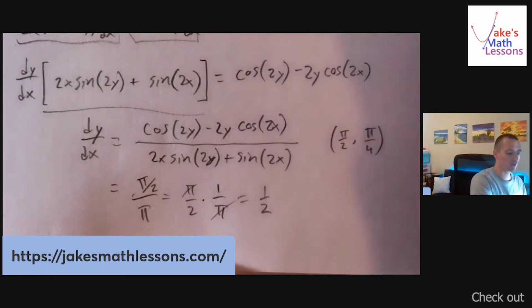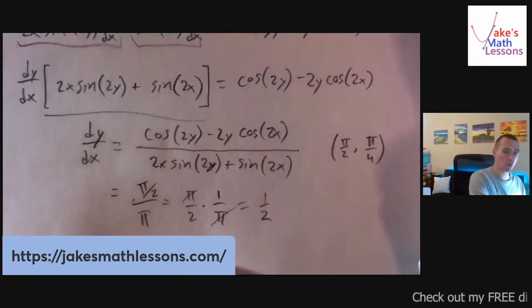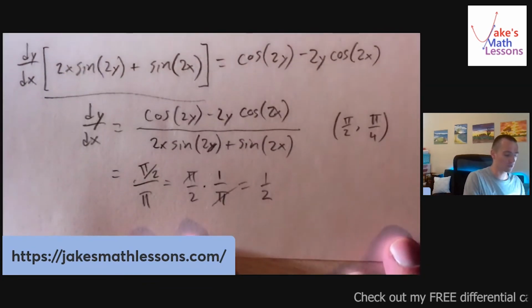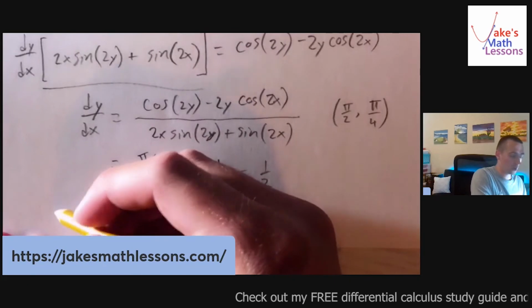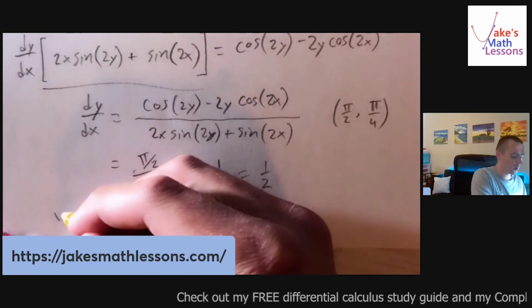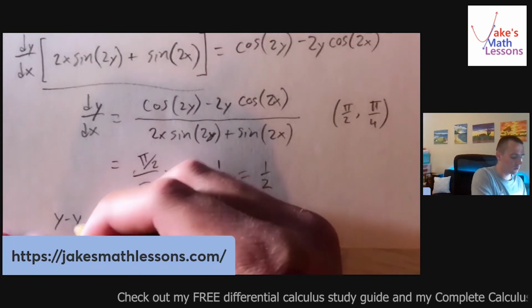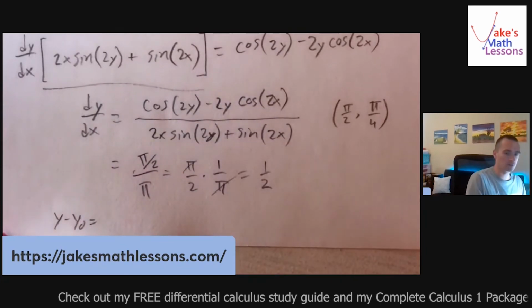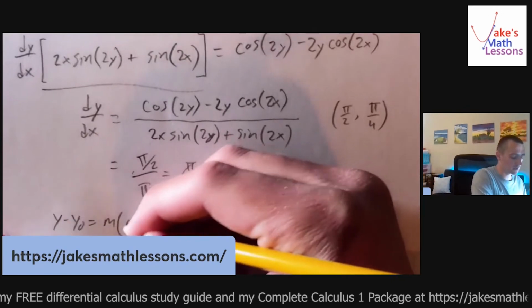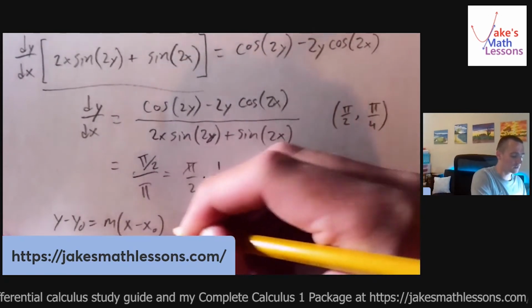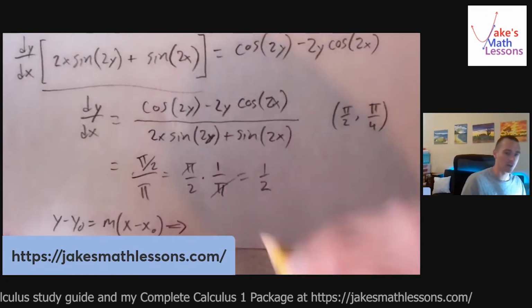So if you know the slope of your tangent line and you know the point that the tangent line has to go through, you can just use the equation of a line, the point-slope form, which is y minus y0, which is just some y coordinate that your line lies on, equals the slope times x minus x0, which is the x coordinate of some point that this line lies on.